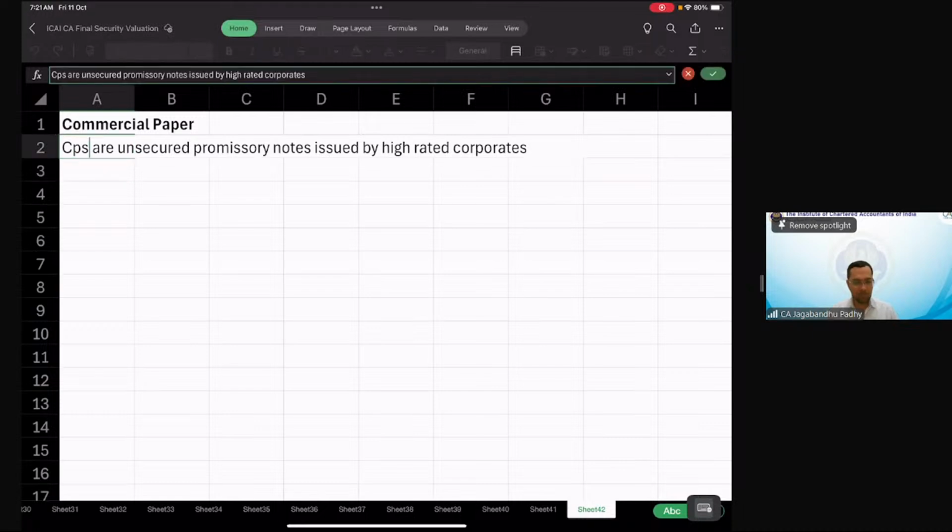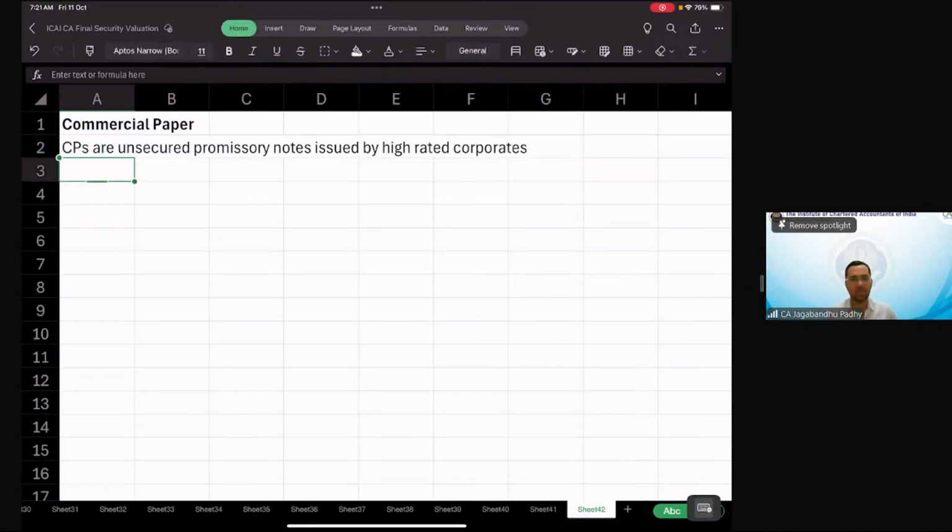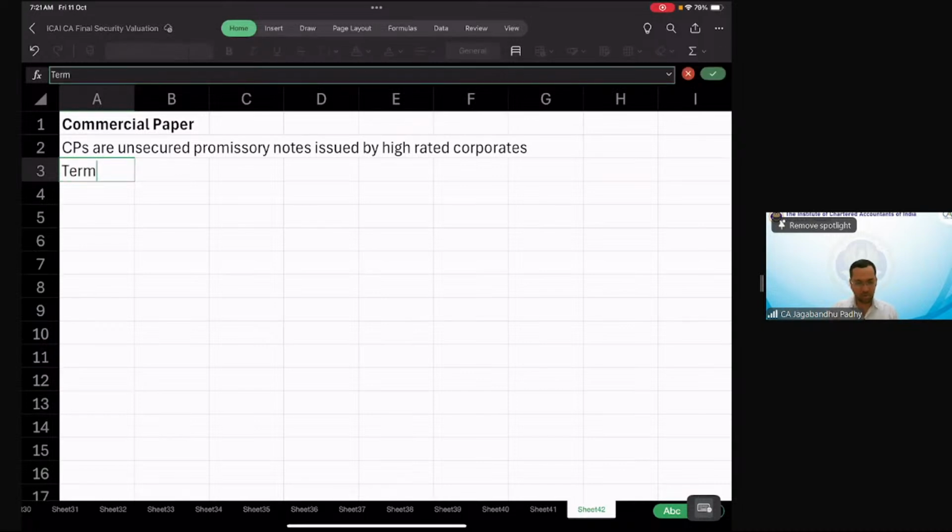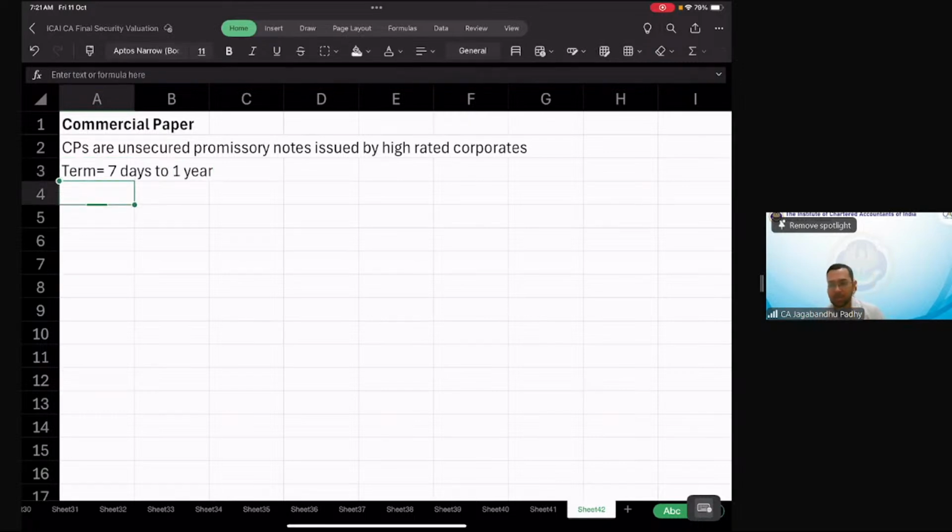Their term may range from 7 days to 1 year maximum, because beyond 1 year it becomes a capital market product, and that's not what we have in commercial paper. So these are money market instruments.